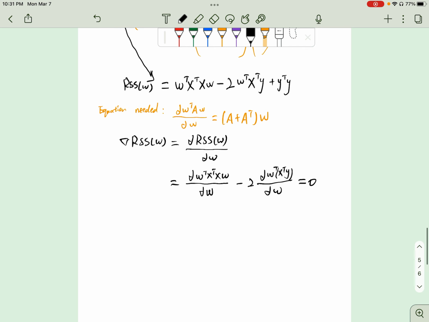Okay, now we will use this equation here. So we can see that this x transpose x is this A, right? And so it will give us this equation.